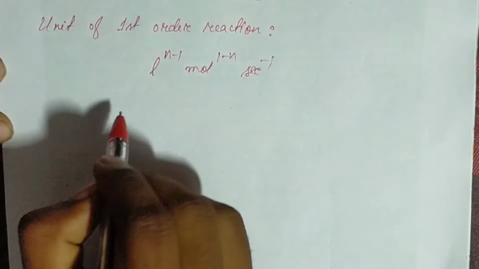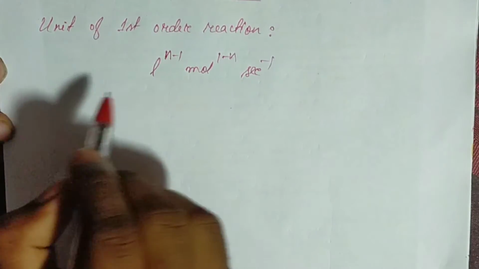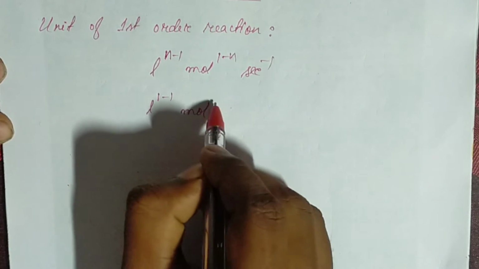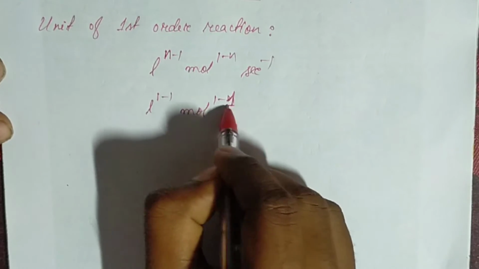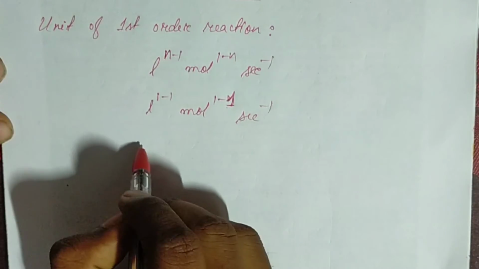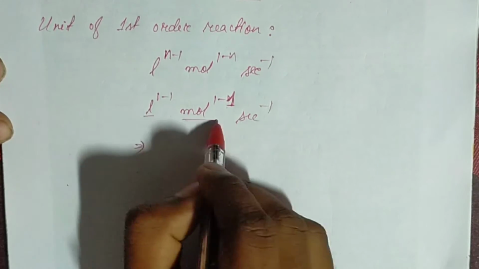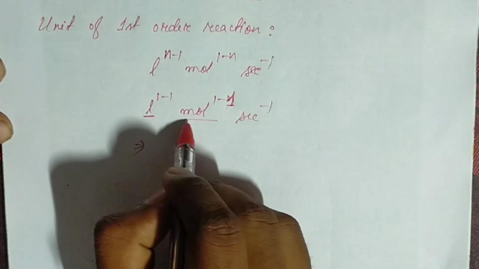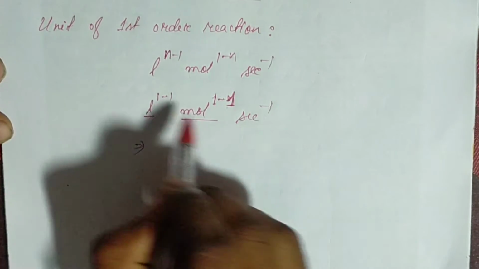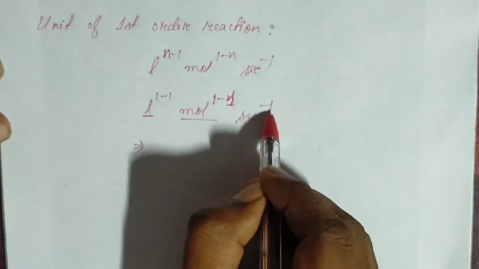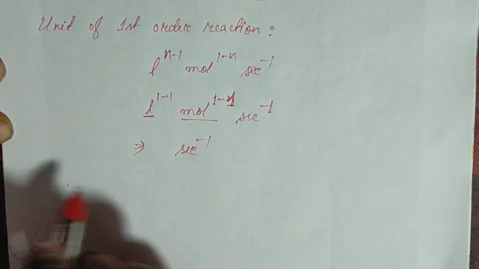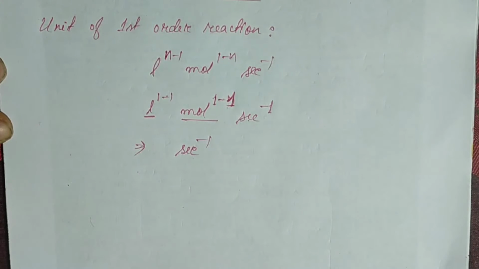In case of first order reaction, n is equal to 1, so liter^0 mole^0 second inverse. Anything to the power 0 is 1, so it will be only second inverse. So the unit of first order reaction is second inverse.